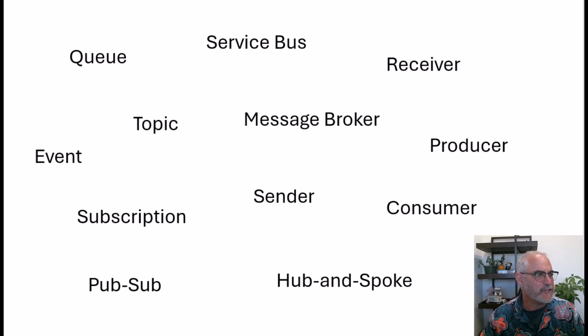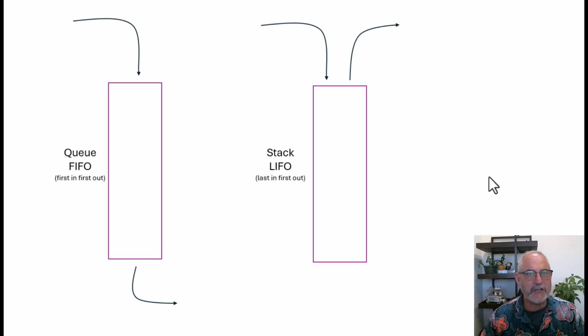And for starters, what I want us to do is go back a little bit into our computer science background, if you have one, and talk about some really fundamental data structures. The one on the left is a queue, and the one on the right is a stack.